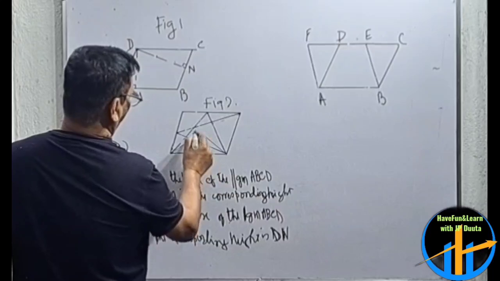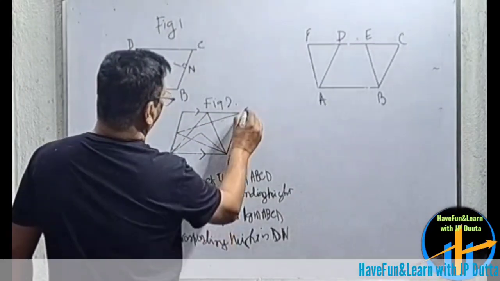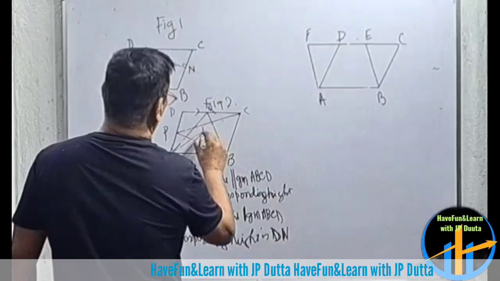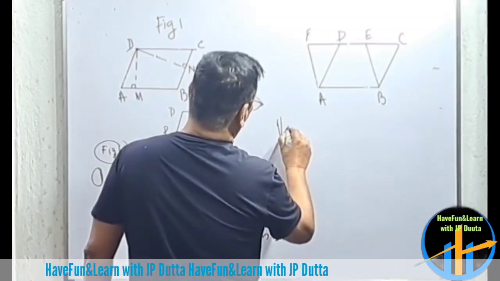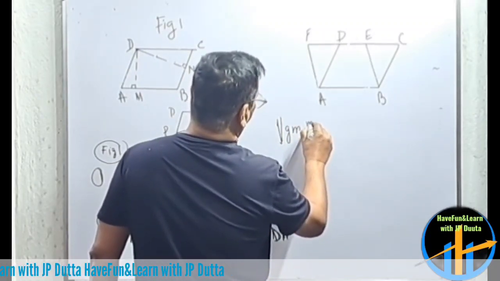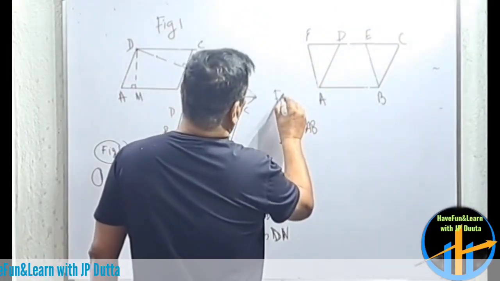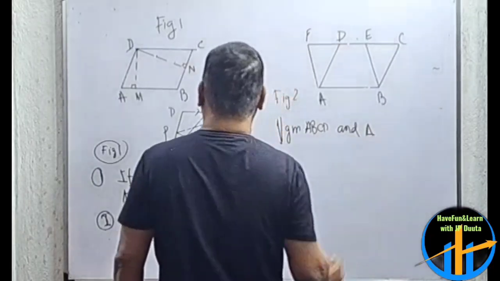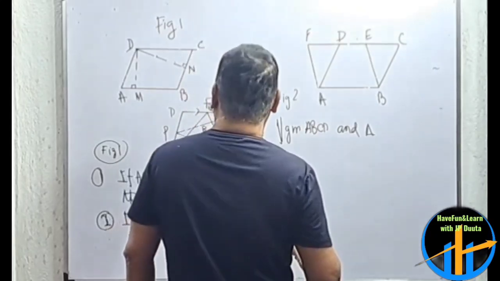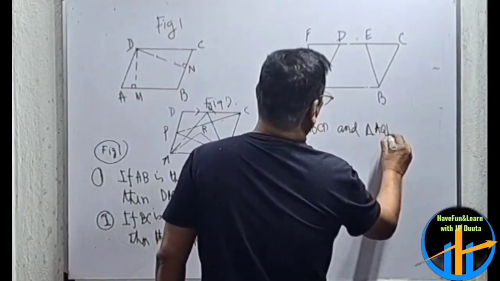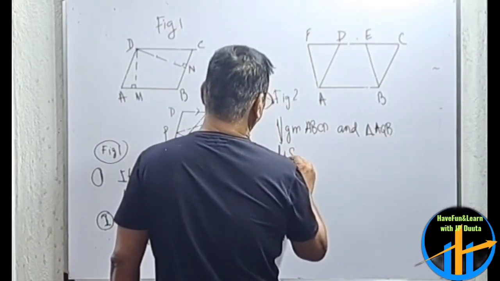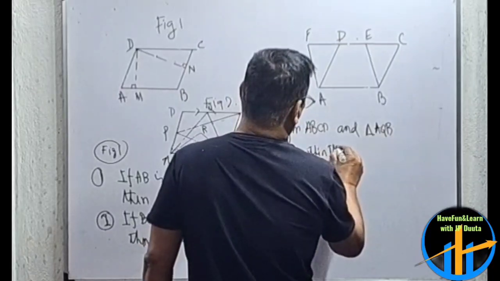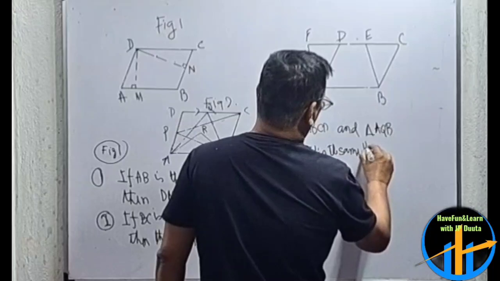See, these two lines are parallel. So AB, CD, and this is Q, and this is T, and this is R. So parallelogram ABCD, figure 2, ABCD and triangle AQB lie within the same parallel lines.